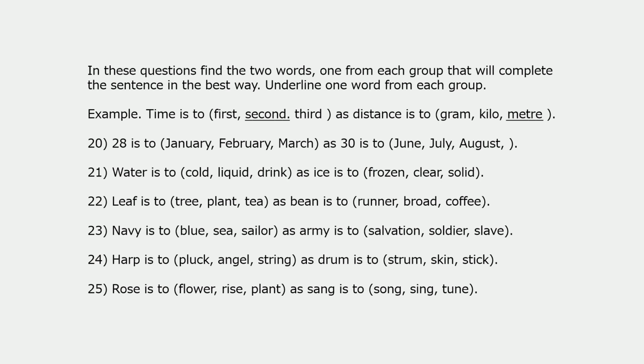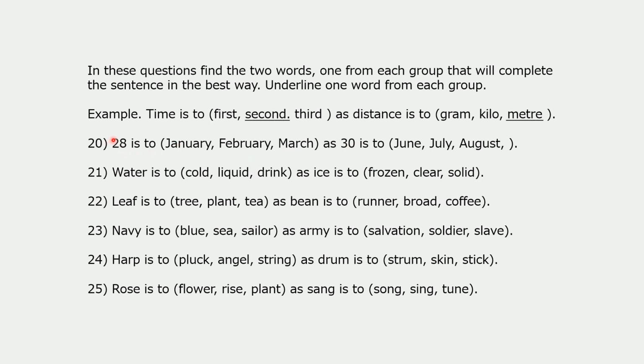28 is to either January, February, or March, as 30 is to June, July, or August. Well, what do we automatically think here? Well, I think that it's automatically 28 or 30 are the number of days that are in either of the months.